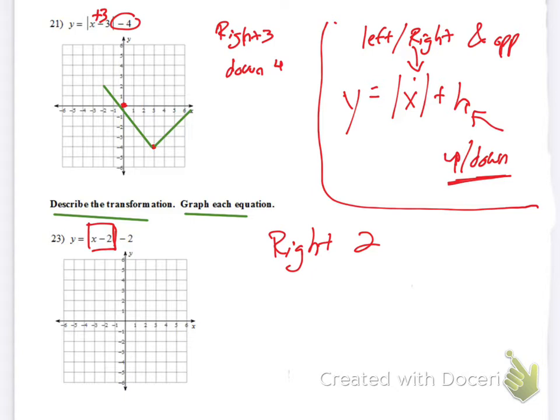And then the outside says negative 2. It doesn't say this, but since it's a negative 2, we're going to go down 2. So right 2 and then down 2 from the origin. My new origin would be right there. And then all I need to do is draw my lines for the V. And that is all you need to do. So you are good to go from there.